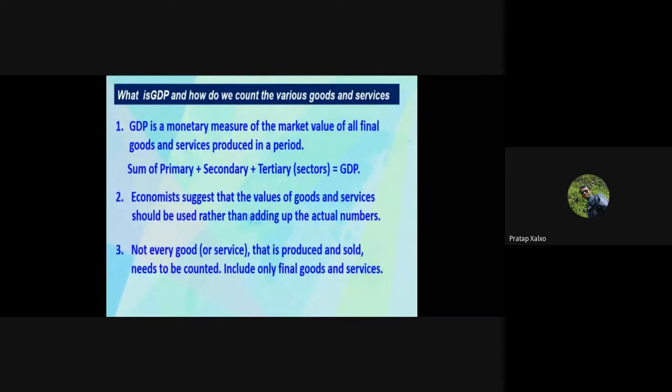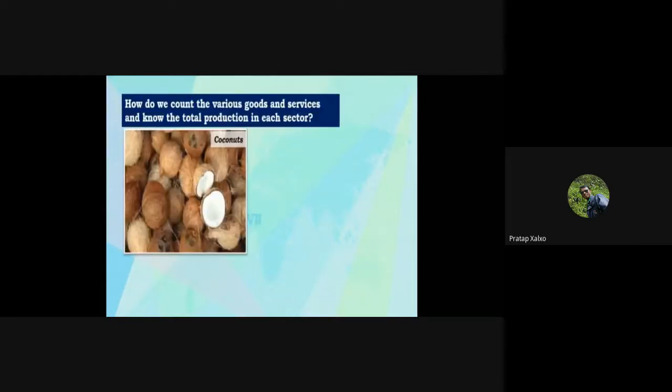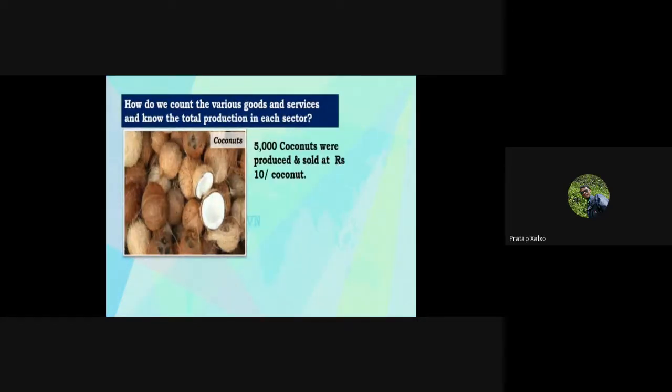Let us understand this. Supposing our country is producing coconuts, and this is an example. We have 5,000 coconuts and they are produced and sold at 10 rupees each. What will be the total money value? It is going to be 50,000.